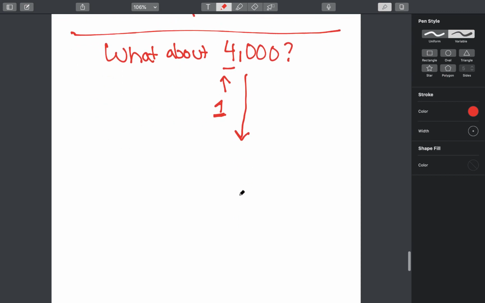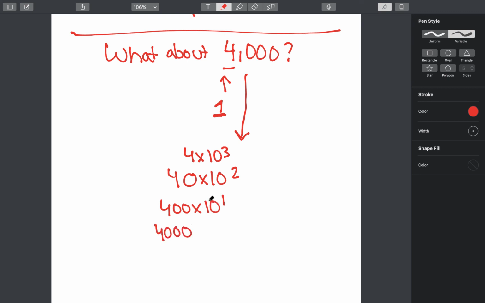We can express 4,000 as 4 times 10 to the third, 40 times 10 to the 2, 400 times 10 to the 1, or 4,000 as itself. Having these zeros after this 4 without a decimal point does not show any precision. Therefore, the zeros in this case are insignificant.